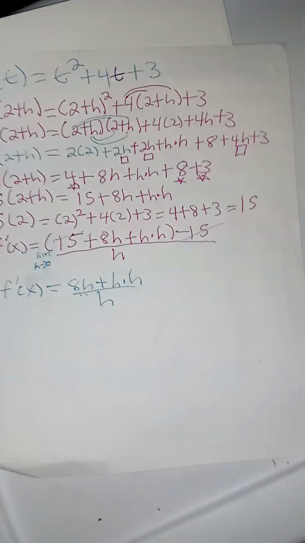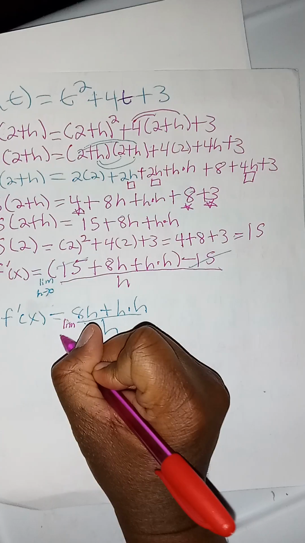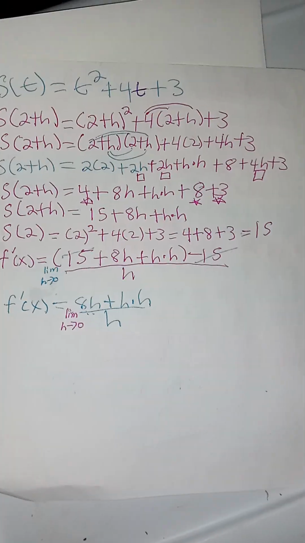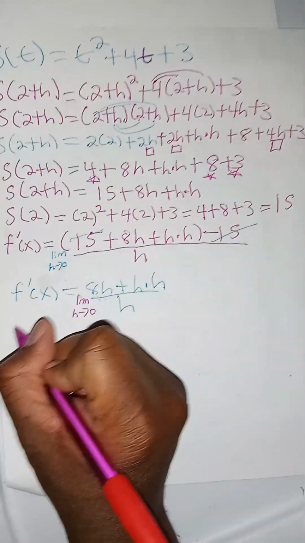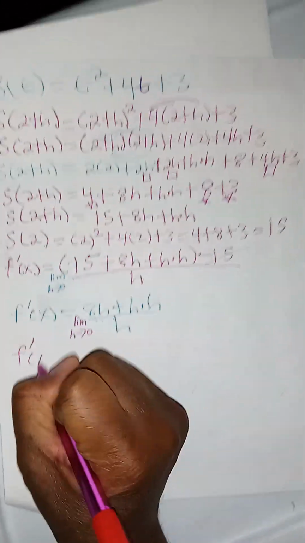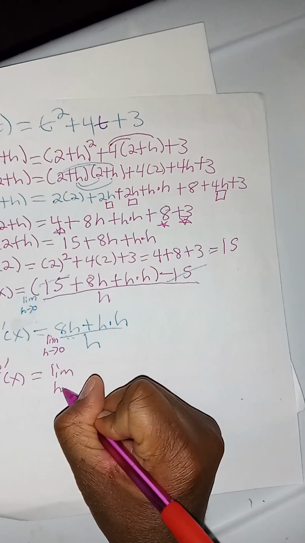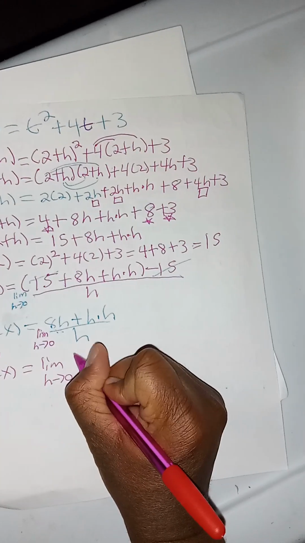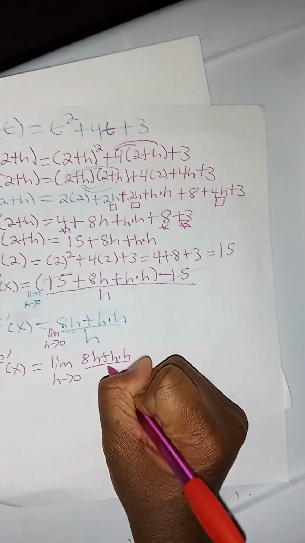And then again, we want to put the limit as h goes to 0. We'll rewrite this. So f prime of x is equal to the limit as h goes to 0 of 8h plus h times h all over h.